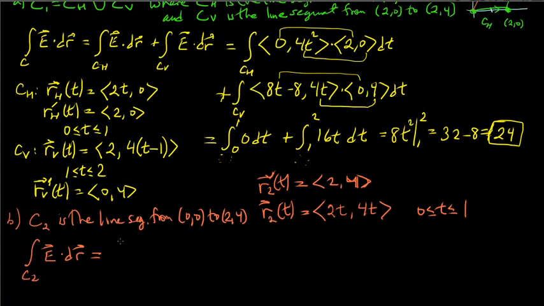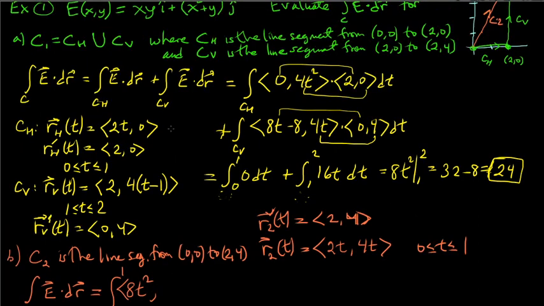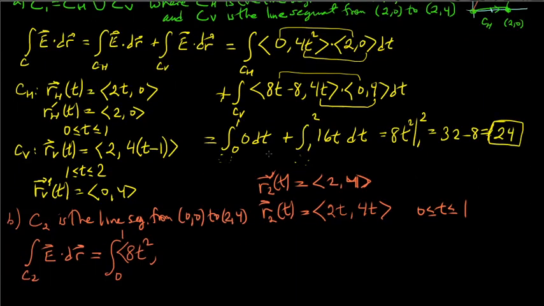So x times y here is 2t times 4t, so that's 8t squared. And then the y component will be x squared plus y. So x squared is 4t squared plus y, which is just 4t. So that's the E field.